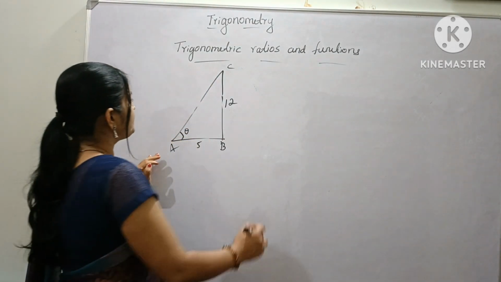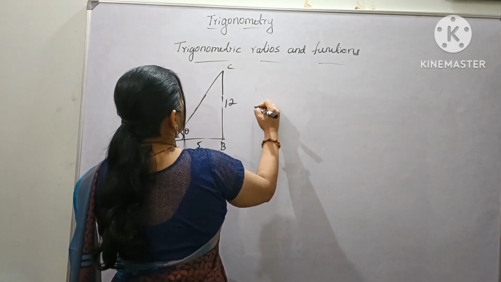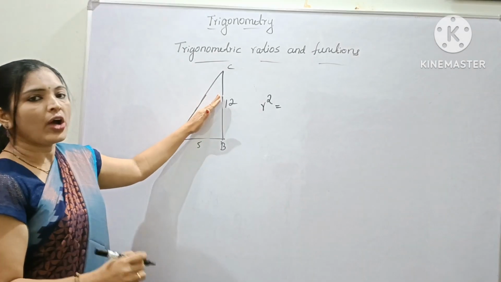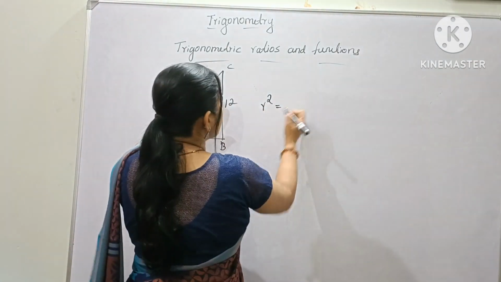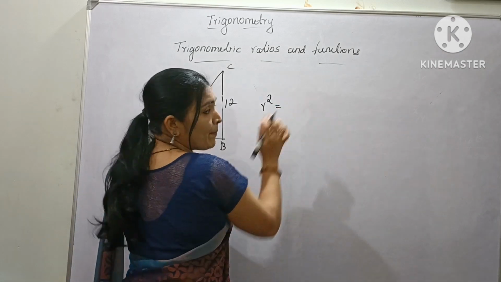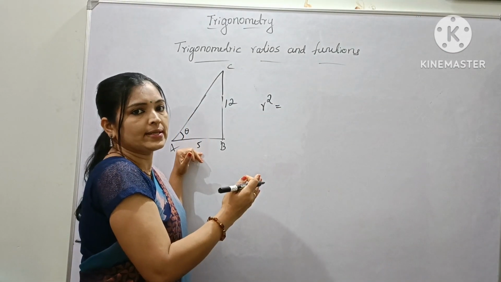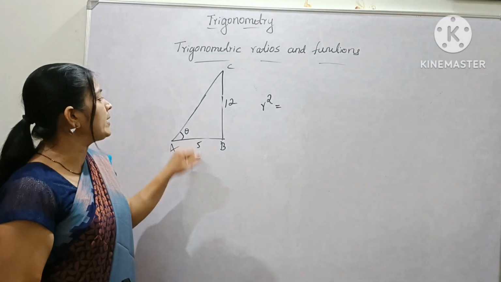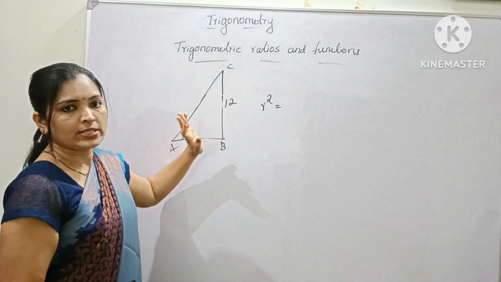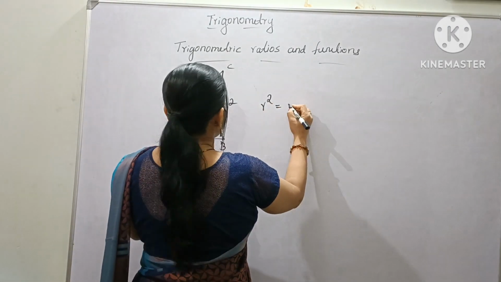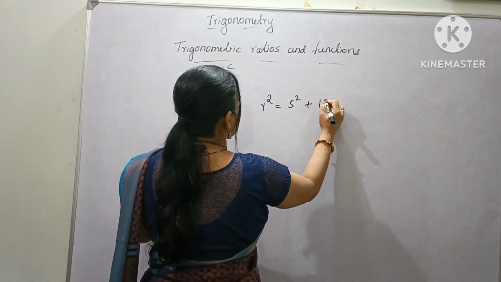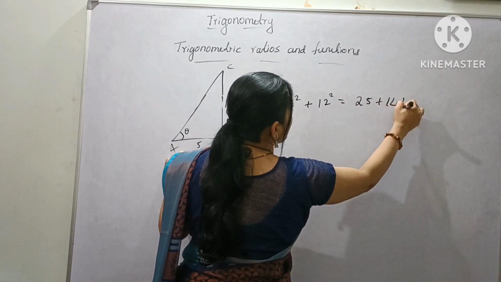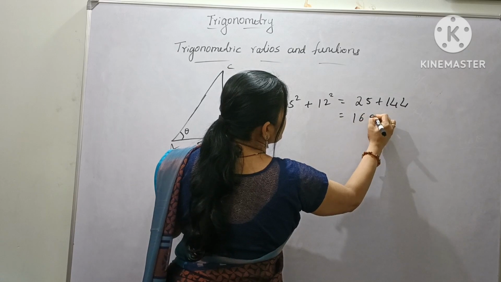Let the hypotenuse be r. Then r square is equal to base square plus perpendicular square, so r square is equal to 5 square plus 12 square, that is 25 plus 144, that is 169.